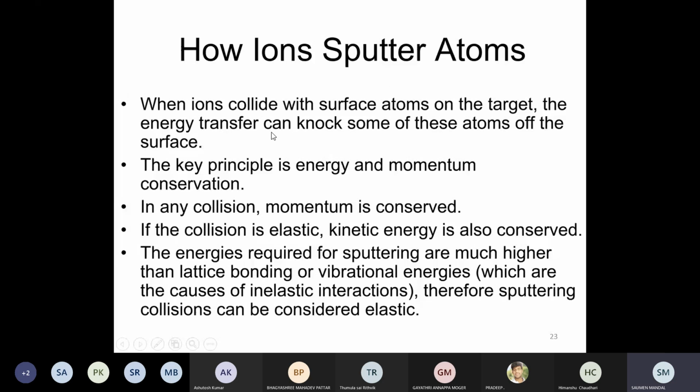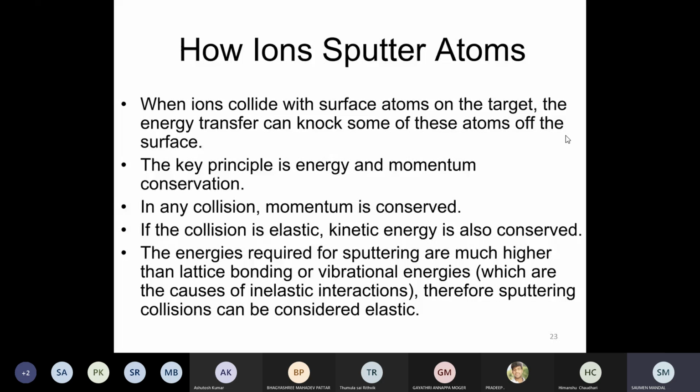Now, how do ions sputter atoms? When ions collide with the surface atoms on the target, the first hit is on those atoms. The energy transfer can knock some of these atoms off the surface.